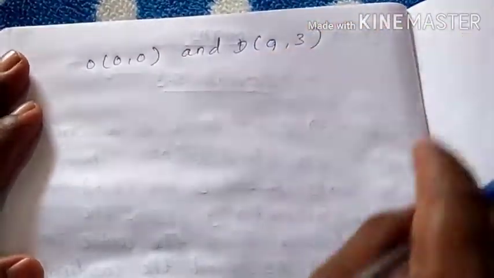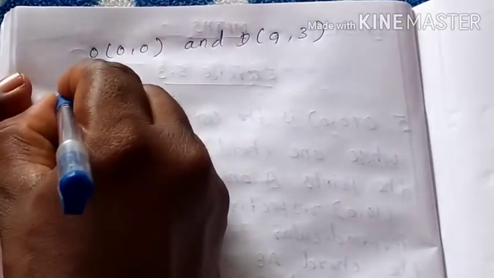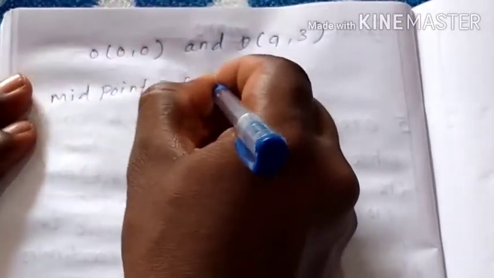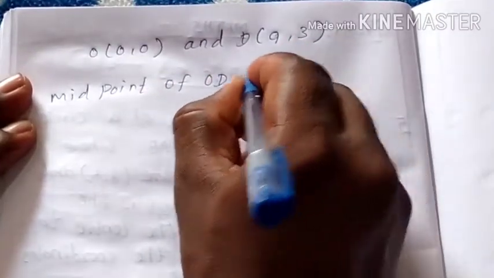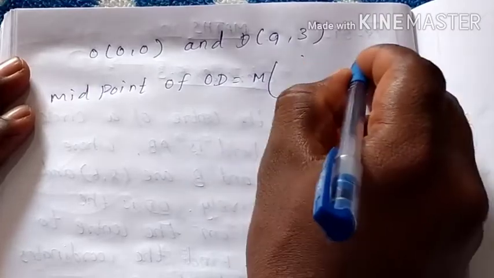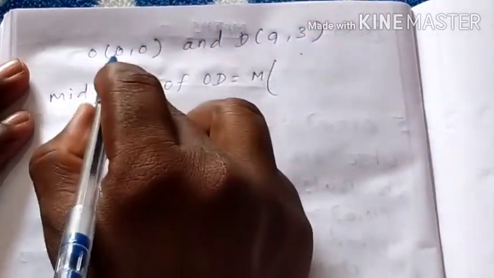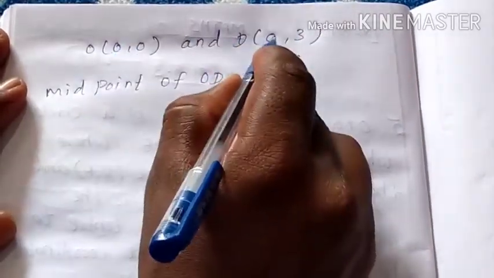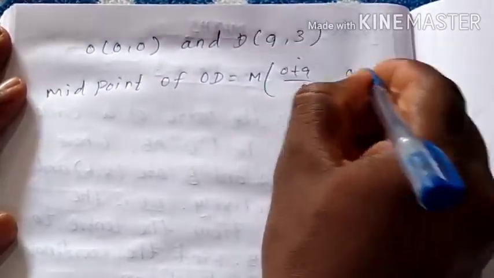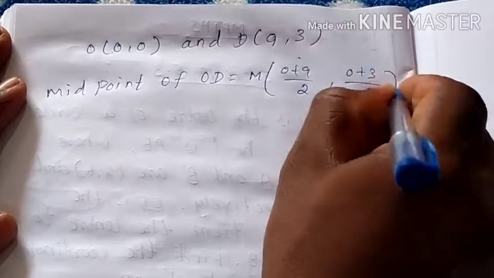The midpoint of OD is ((x1 plus x2) divided by 2, (y1 plus y2) divided by 2), so (0 plus 9) divided by 2, (0 plus 3) divided by 2.